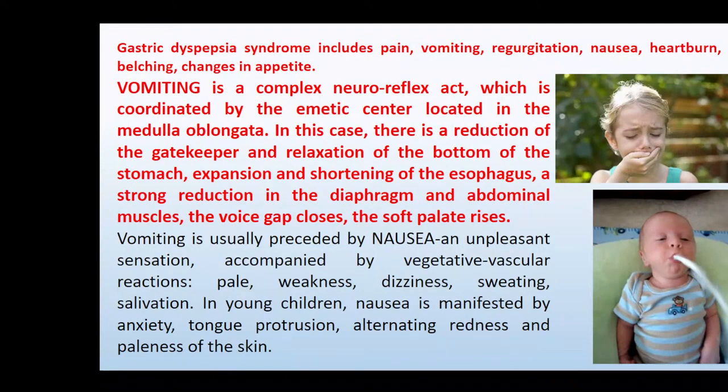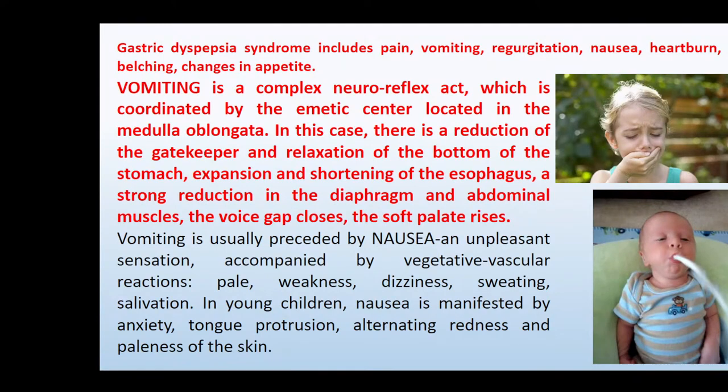Gastric dyspepsia syndrome includes pain, vomiting, regurgitation, nausea, heartburn, belching, change of appetite. What is vomiting? Vomiting is a complex nerve reflex act coordinated by a vomiting center located in the medulla oblongata.